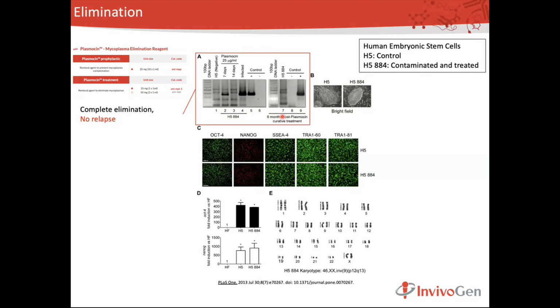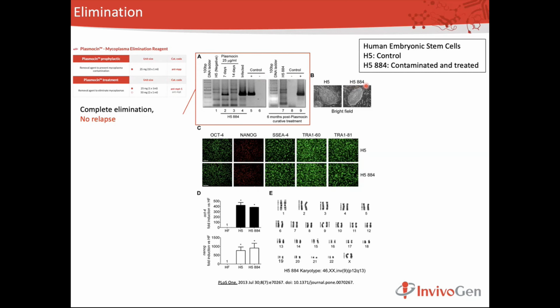So they did the test 6 months after the Plasmocin treatment, and still they can see it's completely clean. So it shows that this drug can really 100% eliminate the contamination, not partial suppression. There's no relapse.